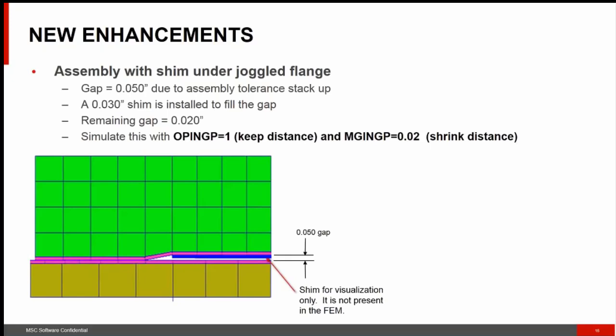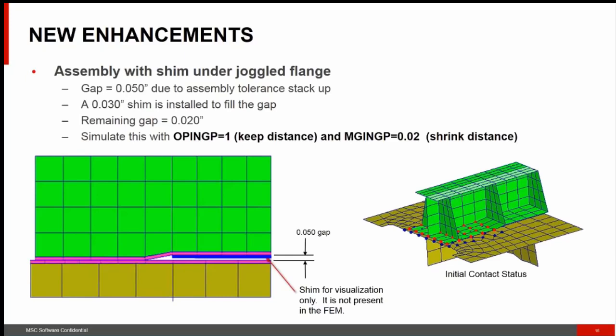Users can simulate this with the option to keep the distance and also to shrink the distance. So you can keep the distance of 0.03 and then shrink the distance using the BCTABLE entry or the BCBODY entry. To know how to use these entries, for more information, you can always refer to the MSC Nastran Quick Reference Guide.